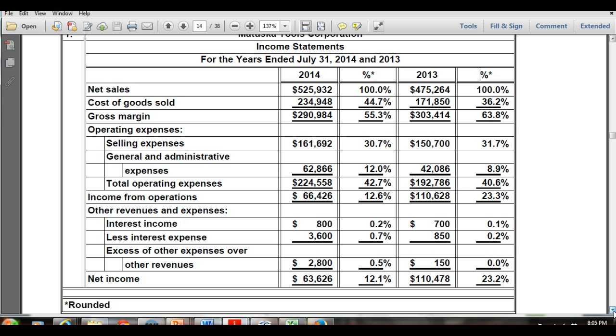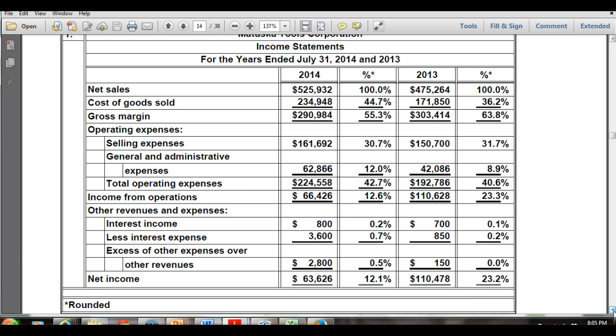So again, of course you want your net income to be higher, but the figures all are a benchmark for comparing. So if I look at this, wow, for the net income to go down from 23% down to 12%, that is significant.